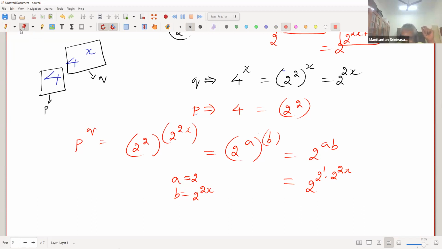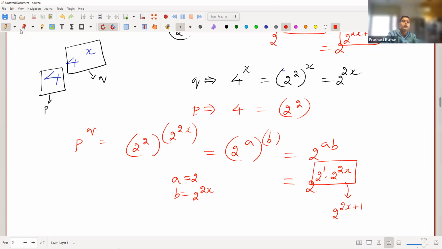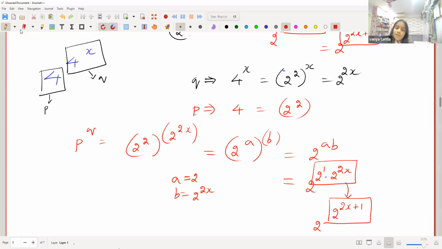Just focus on this portion. This is 2 power m into 2 power n. It's 2 power m plus n. Right, Vanya? So 2 power m into 2 power n is 2 power m plus n. So 2 power 1 plus 2x, or 2x plus 1. That guy is in the power. So you took 2 as common.